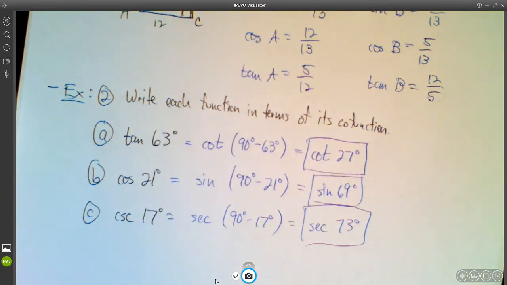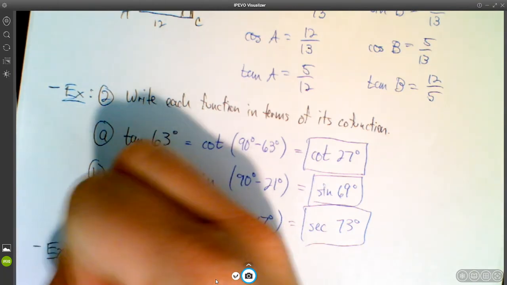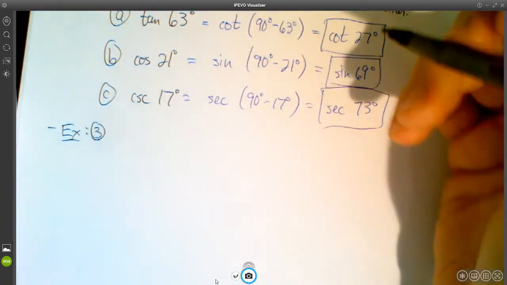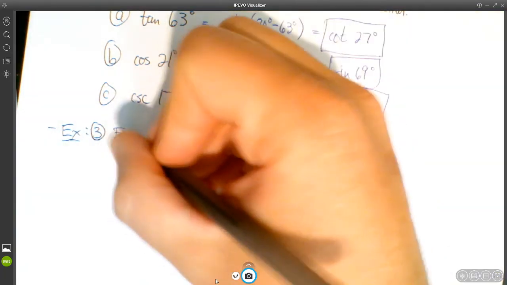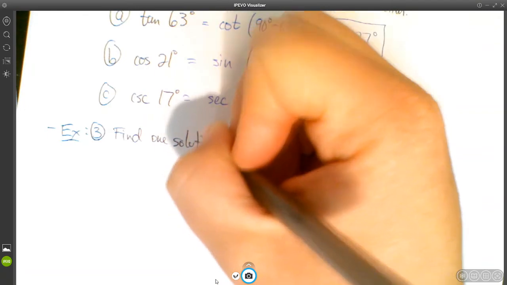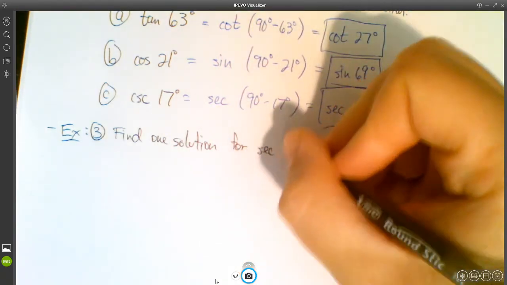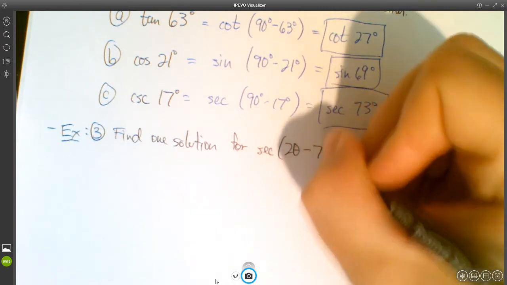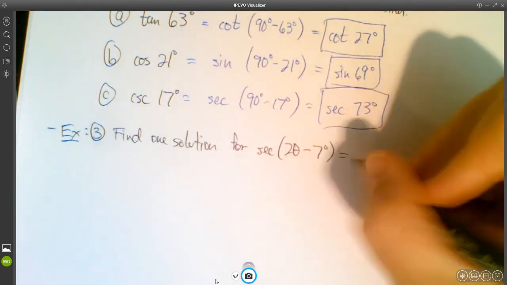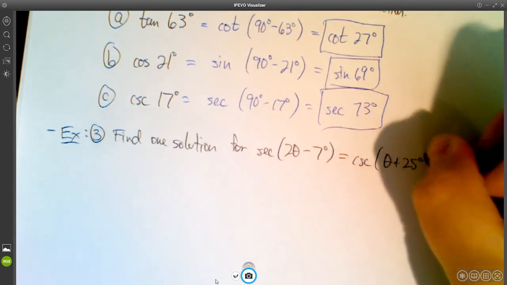Here's another example of using cofunction identities. So let's find one solution for this equation, secant of 2 theta minus 7 degrees equals cosecant of theta plus 25 degrees.